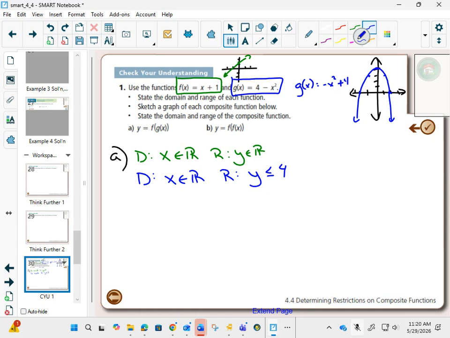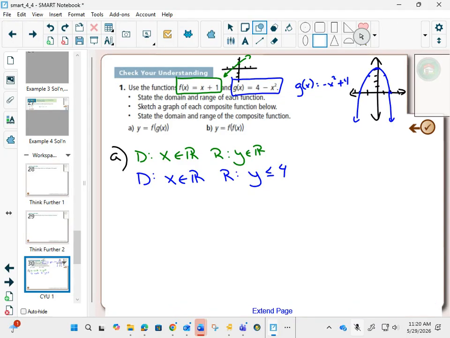And we want to sketch the graph of both composite functions below. Then do the domain and range of those composite functions. Again, I could teach you complicated methods of using the two graphs to sketch the new graph. That would not be worth your time. Instead, I'm going to just teach you the easiest way, which is to get the explicit equation.